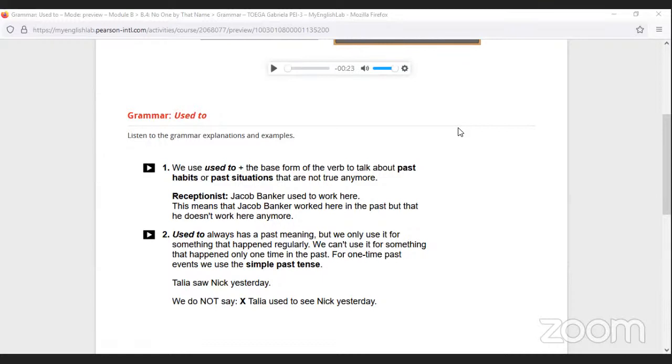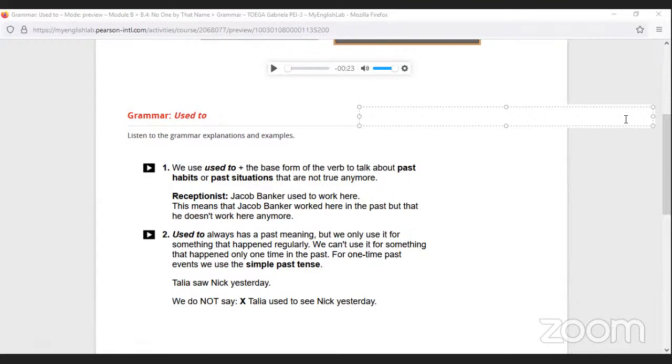So things or activities that you used to do in the past, but at this time you don't do anymore. This is in the present, but we can also use it in the negative, and it is the opposite. For example, some things that you didn't do in the past, but this time you like to do. So it could be in both ways.